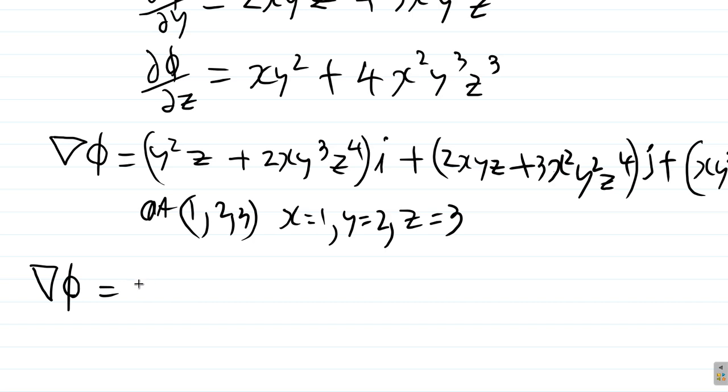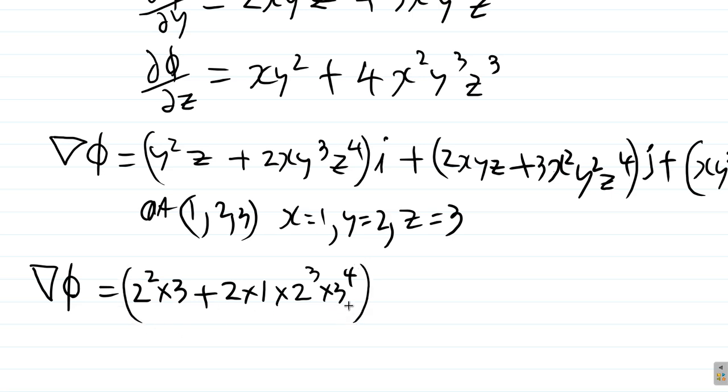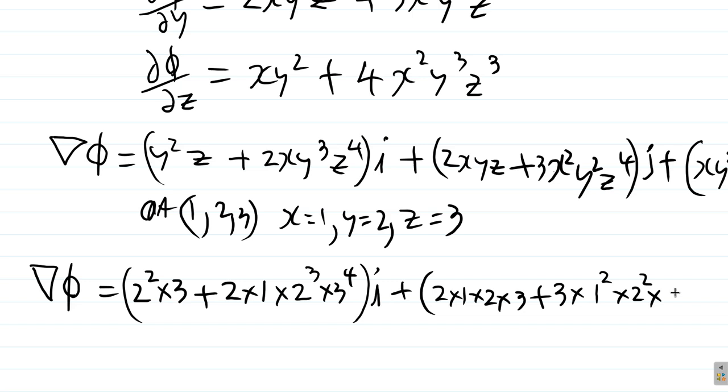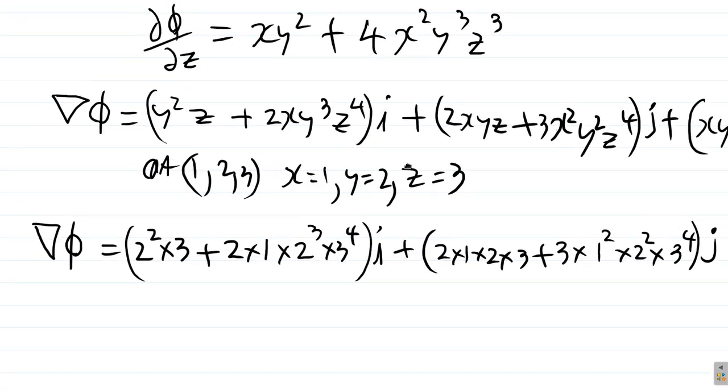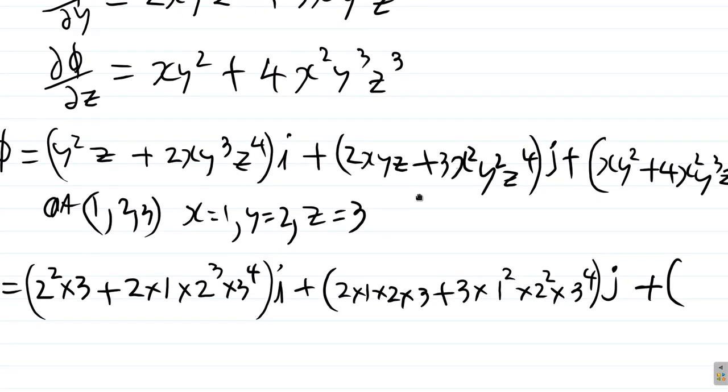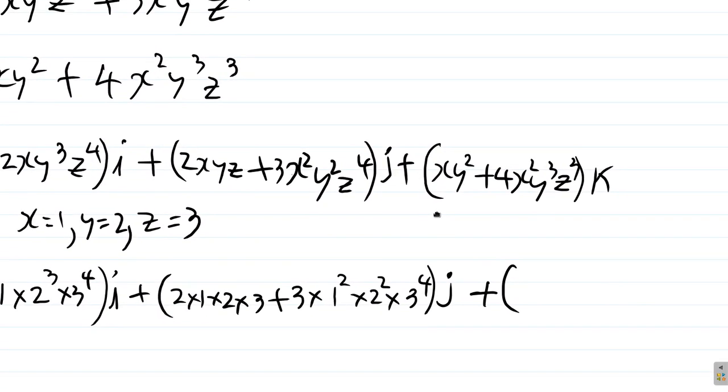So y is 2, so it's 2 squared times 3 plus 2 times x, 2 times 1 times y cubed is 2 cubed times 3 to the fourth, that will be i plus, then 2 times 1 times y, which is 2, times z, which is 3, plus 3 times x squared, which is 1 squared, times y squared, which is 2 squared, times z to the fourth, which is 3 to the fourth, j, plus now it will be partial phi by partial z k.